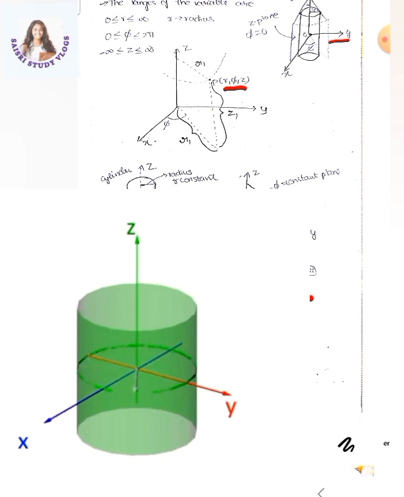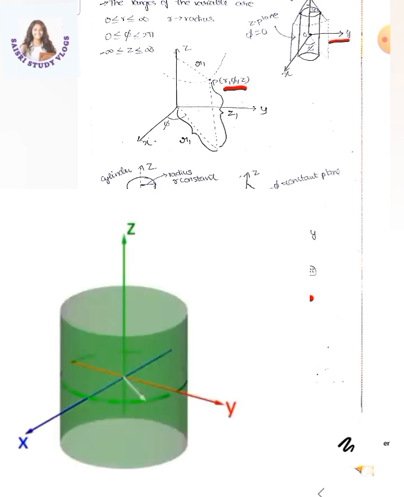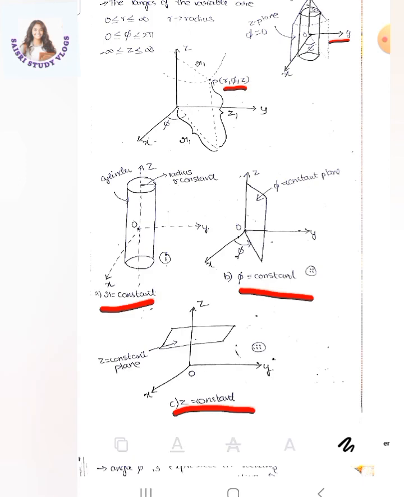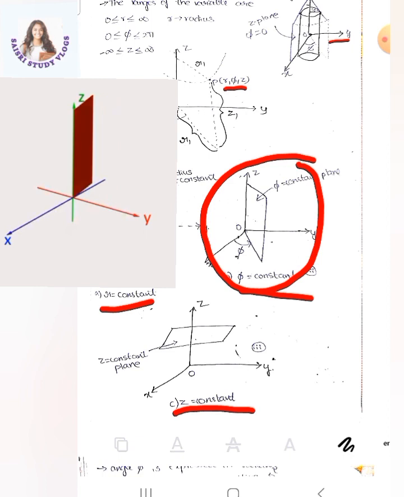In the first one, r is constant. Here we have the radius r and we have a cylinder. In the second one, we have a plane. Let us see this animation. Here phi is a constant plane, and phi is the angle between the x-axis and the plane.